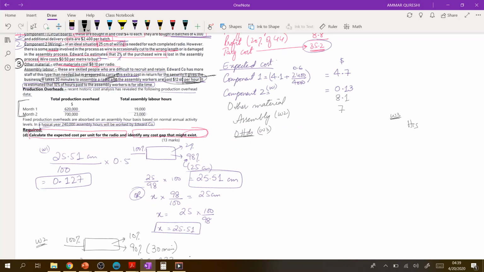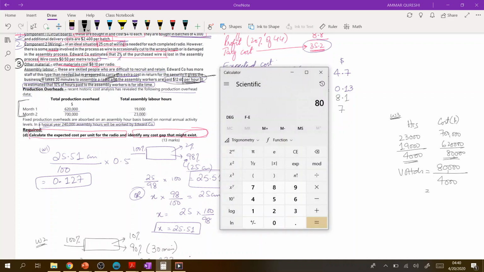You may do it on your own too. 23,000 and 19,000, and the overheads are 700,000 at the highest activity level and 620,000 at the lowest activity level. So the change in activity will be 4,000, and the change in cost will be around 80,000. So variable overheads will be the 80,000 change in cost divided by the change in activity level.